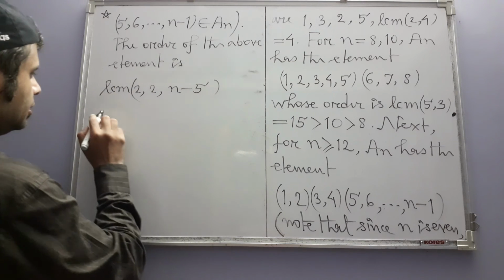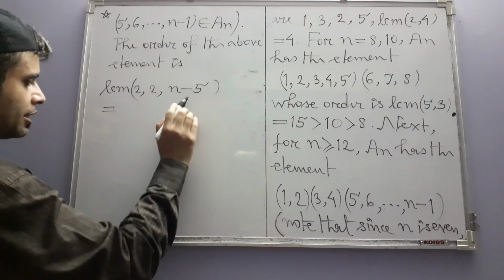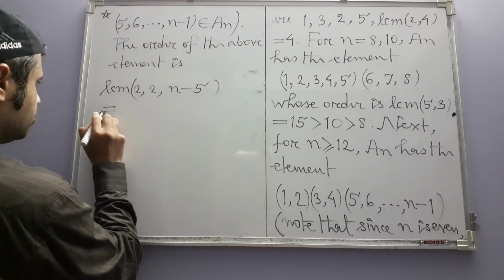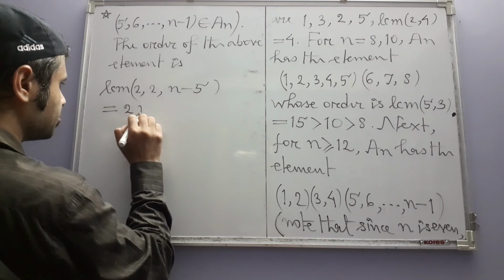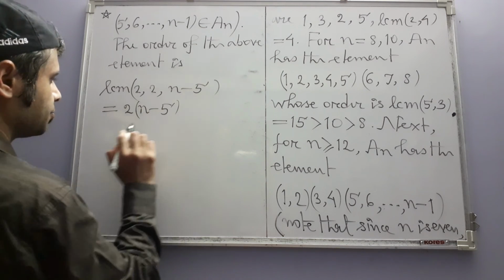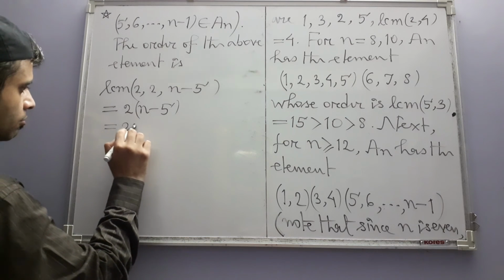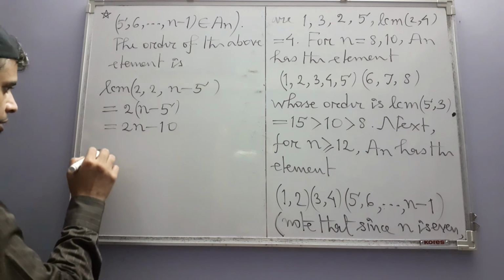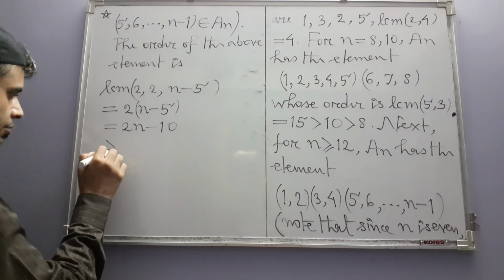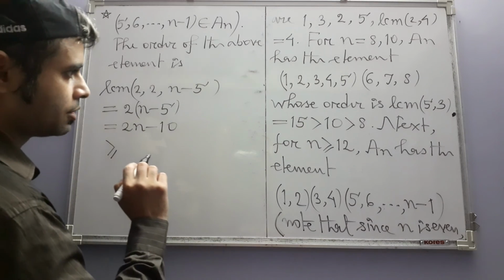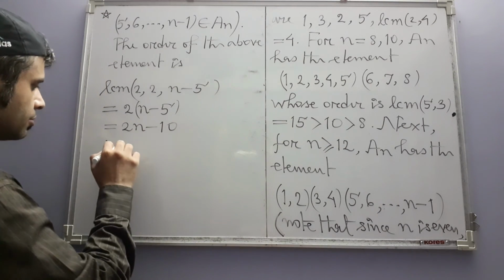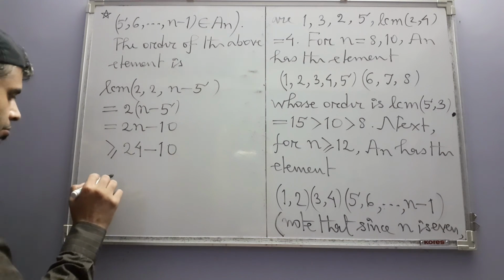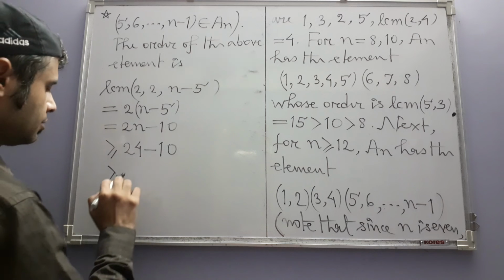Now because you see, n minus 5 we have just now seen, n minus 5 is odd, so LCM of 2 and n minus 5 is 2 times n minus 5, that is 2n minus 10. And what is 2n minus 10?